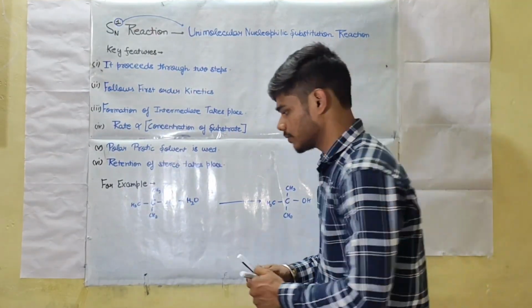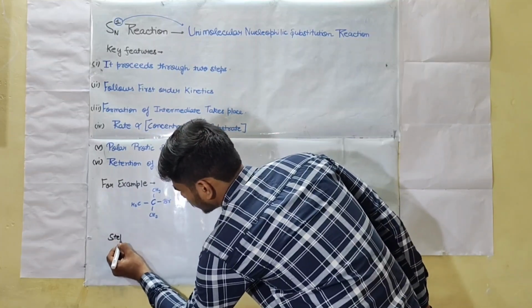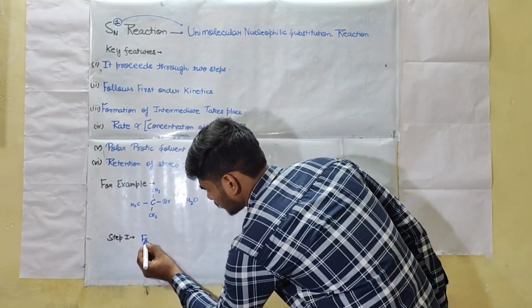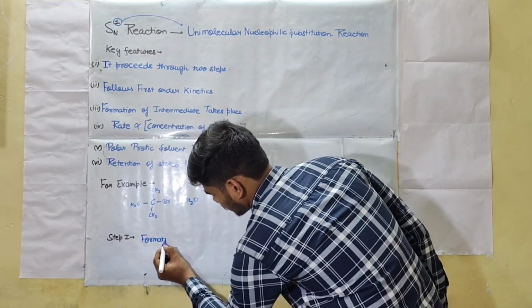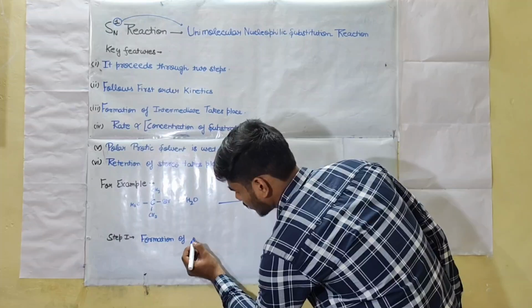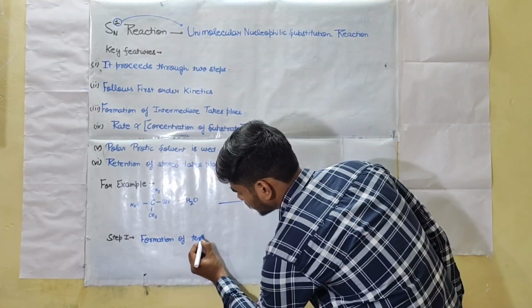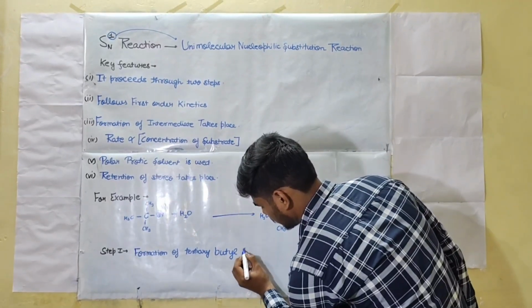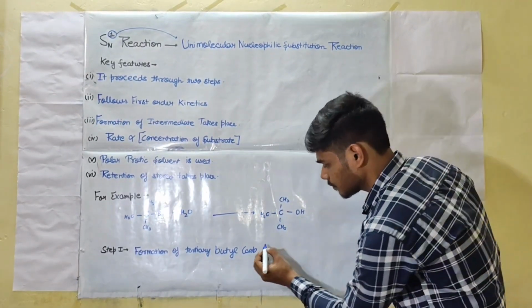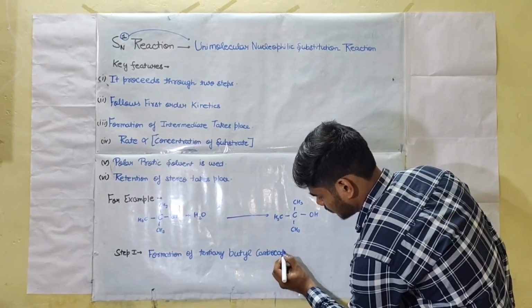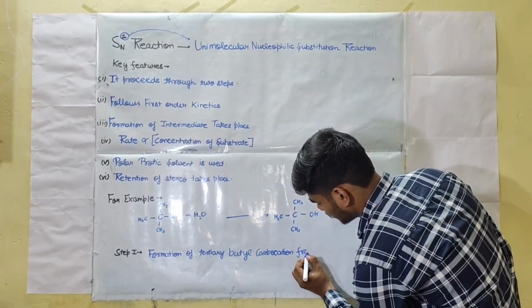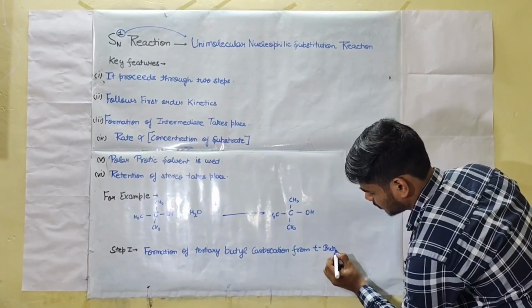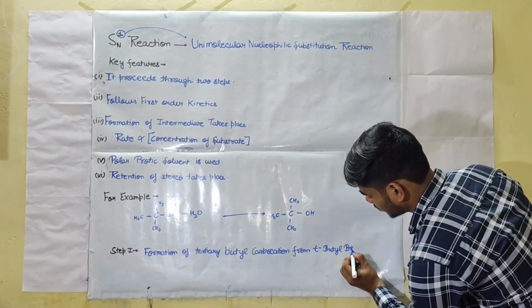The first step is the formation of tertiary butyl carbocation from tertiary butyl bromide.